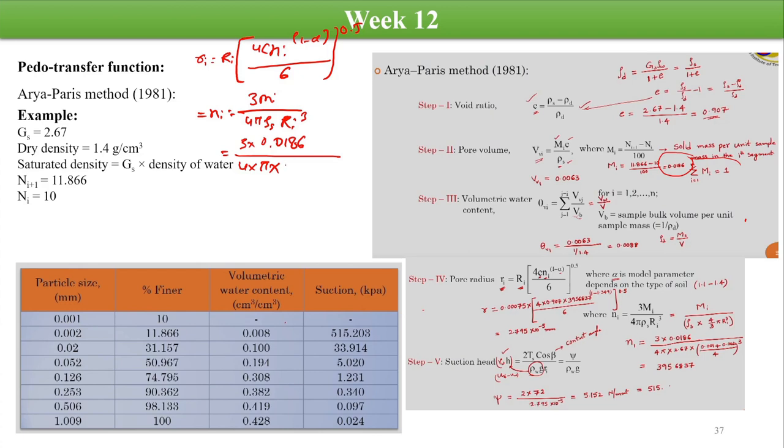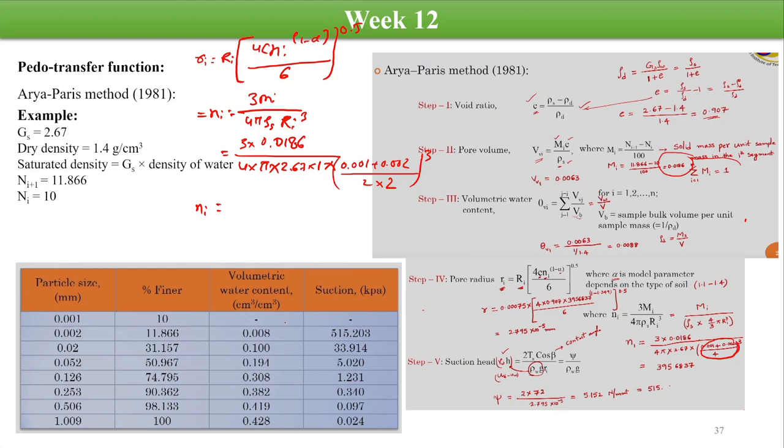The rho s is nothing but 2.67, and further we'll multiply it by the Ri. Ri is the average value of the radius. So the average value of radius is 0.001 plus 0.002 divided by 2, that will be the diameter, multiplied by 2, that will be the radius, right? And the whole cube. So let's find out the value of Ni.